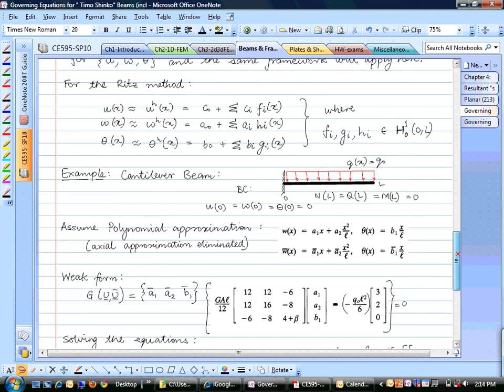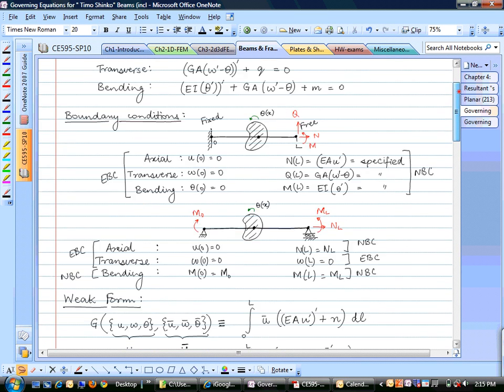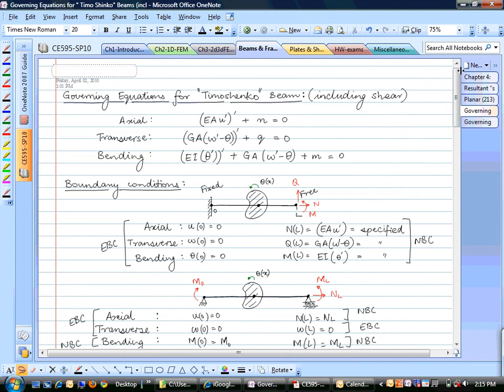Because if you take a look at this equation, the transverse displacement, I told you that the shear is defined by w prime minus theta. So w prime is also a measure of rotation. Theta is also a measure of rotation.